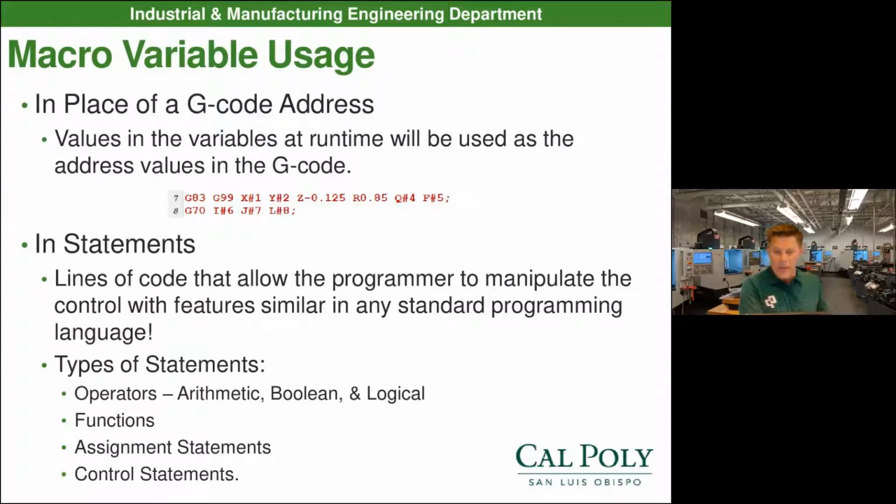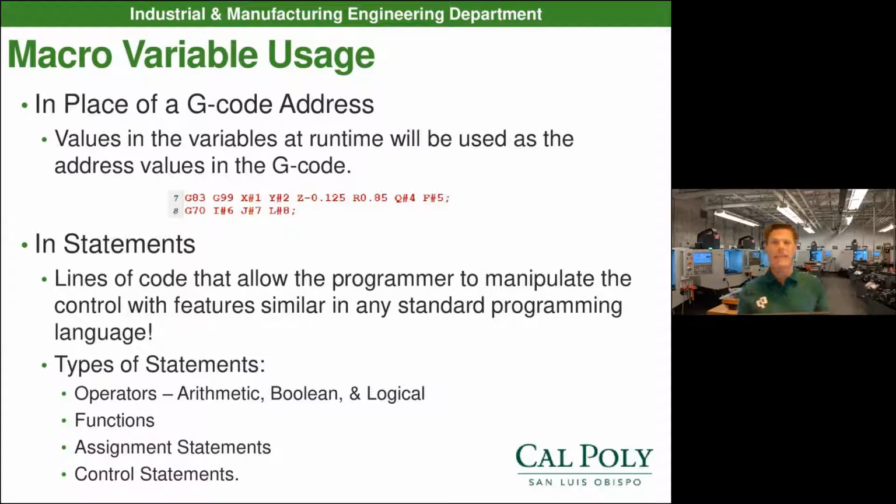Like right down there, if I have G99, this is right out of the canned cycle from my project. When I have G99 X hashtag 1 or pound 1, Y variable 2, it's going to go look in the register for variable 1 and variable 2 and use that when it actually runs this code. So the students have to figure out a G65 line to get all those variables correct to run it in the machine.